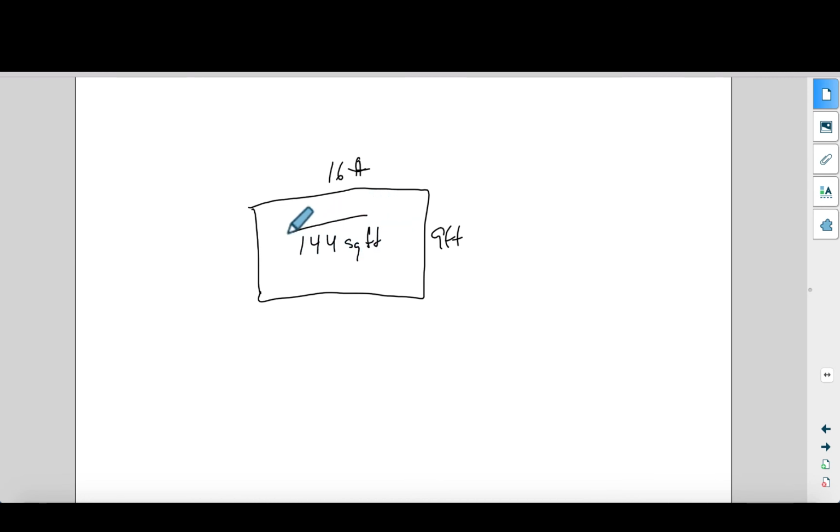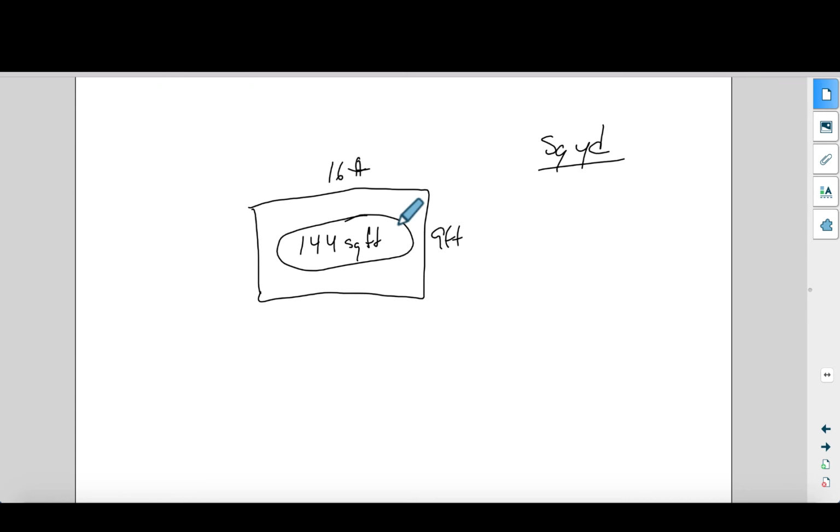But that's not how we order carpet. The example says Diego wants to carpet a 16 by 9 foot room, which has an area of 144 feet squared. Carpet is only sold by the square yard. Why? I don't know. That's how they calculate it.